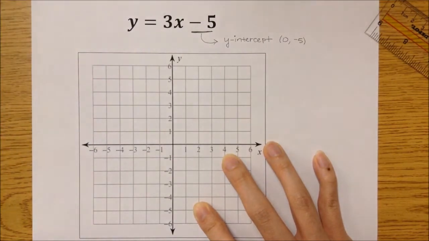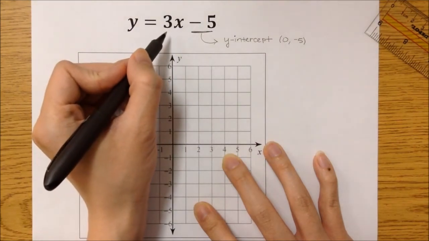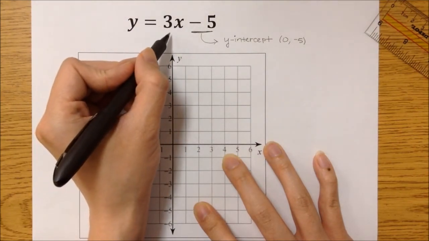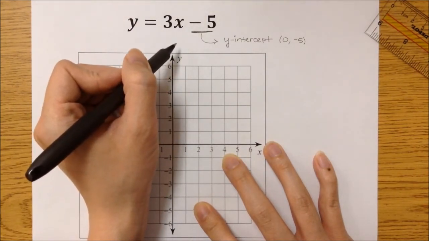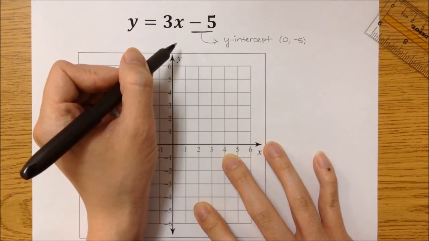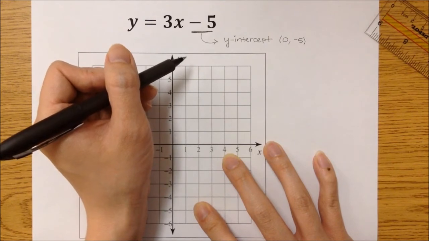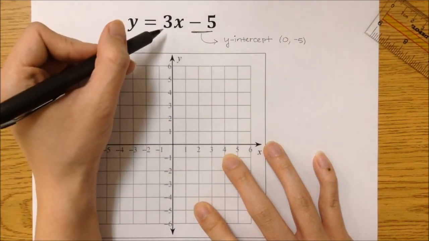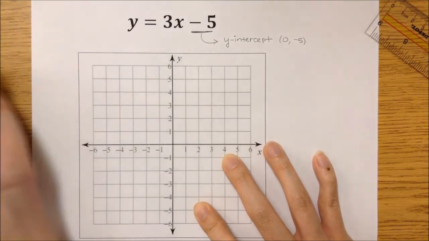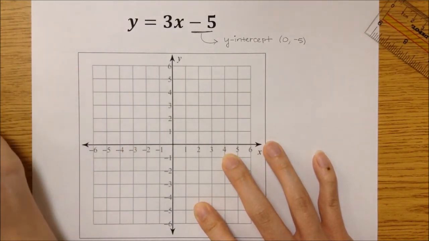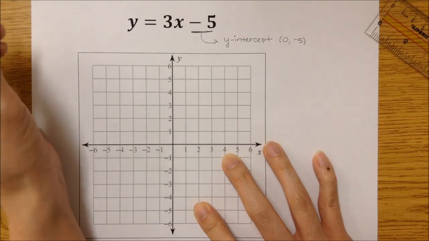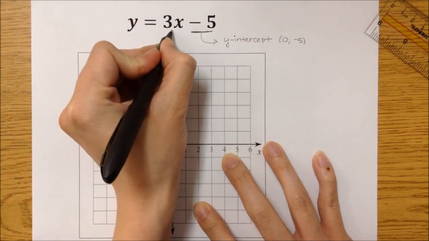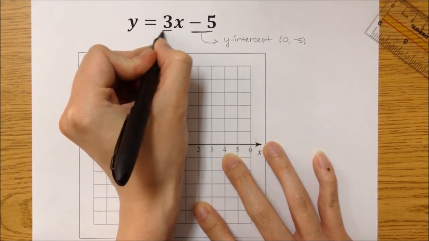Now we're going to identify our slope. Unlike the last 2 examples, our slope is now a whole number. In the first and second examples, it was a fraction, so it was easy to find the rise and the run. But if you have a whole number, not a fraction, the only thing we can do is simply change it to a fraction by putting 1 underneath the whole number.